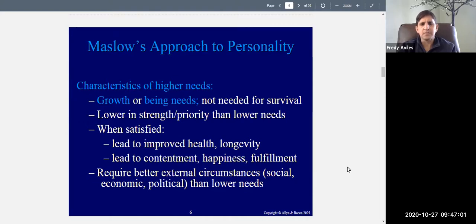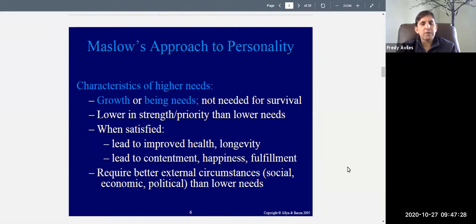If you live in a place where you don't have freedom, for instance, you don't have the freedom to marry who you want and befriend whoever you want, right? Your social needs aren't being met, right? Or your economic needs aren't being met. You live in that kind of society, right? Where there is no upward mobility, where you're either poor or you're part of the ruling class, and that's about it.